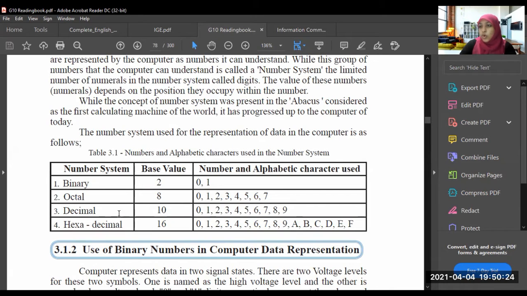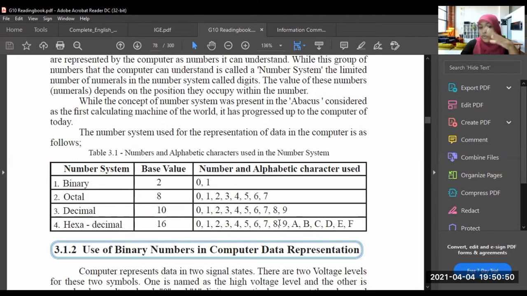The decimal numbers are the normal numbers used by people. There are 10 numbers, 0 to 9. Hexadecimal number system, the base value is 16. There are 16 characters, and these 16 characters start from 0 to 9.